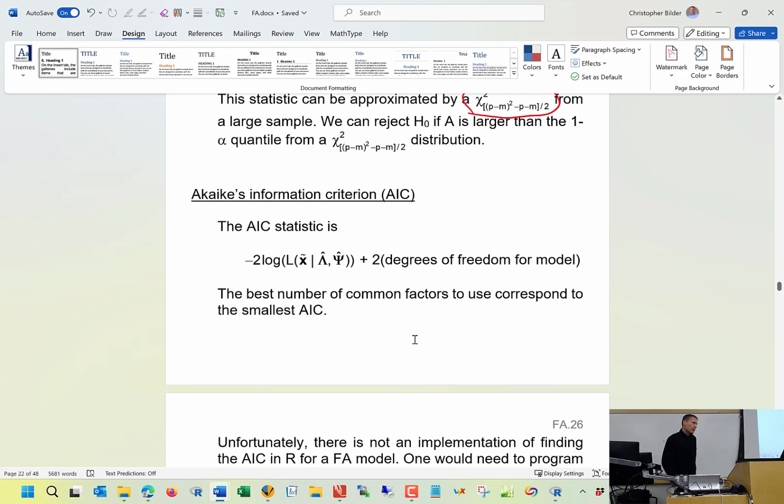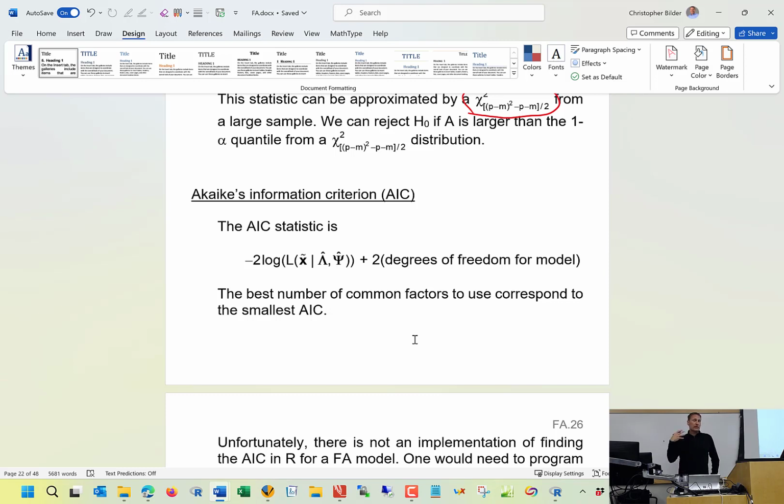Now, for those of you who come in here with some experience with likelihood methods, you might also know about using what are called information criteria to choose between different models. Basically, the smaller the information criteria value, the better the model is. In particular, the most commonly used one is Akaike's information criterion.